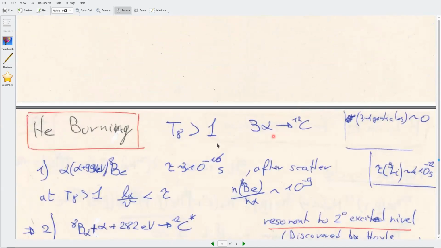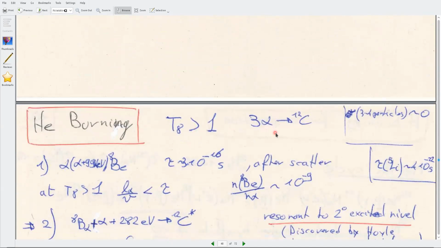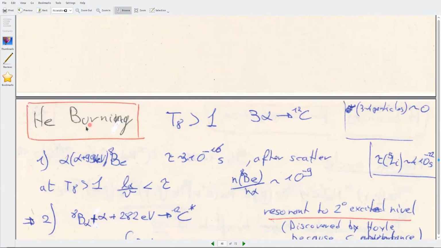The helium burning arrives at a higher temperature. This is because you cannot burn helium directly to produce beryllium, it's unstable.